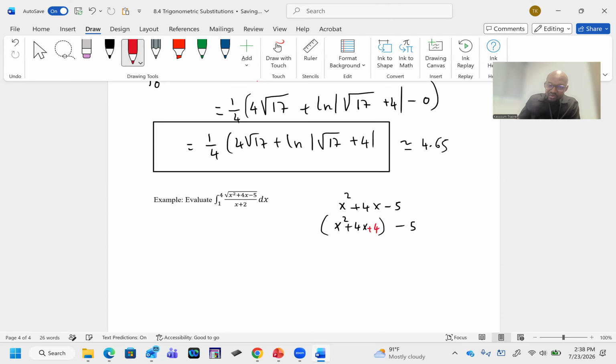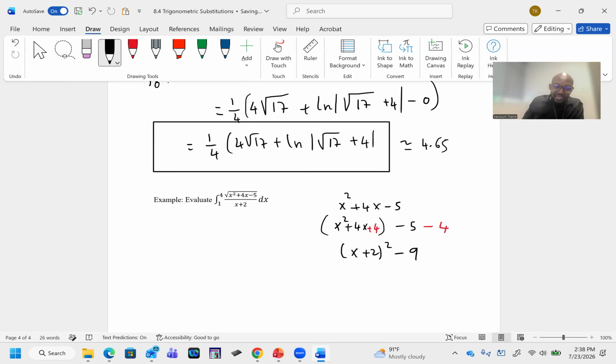Because you divide the coefficient of x by 2 and square that. So 4 divided by 2 is 2, 2 squared is 4. But if I add 4, I must subtract 4 as well. So my x squared plus 4x minus 5 will be the same thing as x plus 2 squared. Negative 5 minus 4 is negative 9, right?